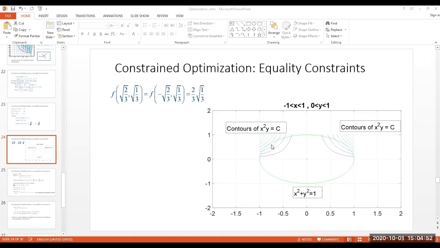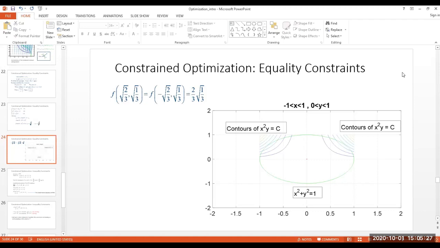So x2 or y is positive at this point and at this point, whereas x1 can take negative as well as positive values, and this is the result. This is the optimum value for the function. So this is how we can take help of Lagrange multipliers. This is shown for an arbitrary example.